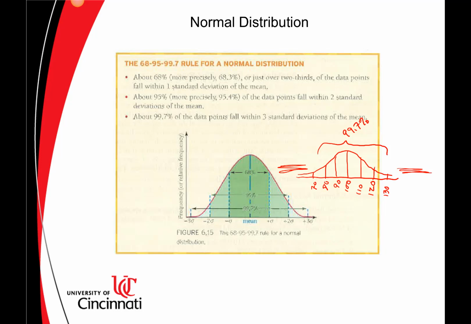You get the 0.3% because we've already got 99.7 accounted for, don't we? What's left? The 0.3. Now, if 0.3 is left and half of it goes each way, it's going to be 0.15% over here and 0.15% over there. Does that make sense to everybody?